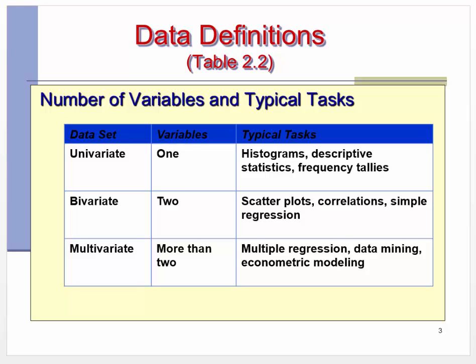With two variables, we can do scatter plots, run correlations, and simple regressions. If you have more than two variables, then we call that data set multivariate. We can do multiple regression, data mining, and econometric modeling on that. We will not be dealing with the multivariate data in this class.